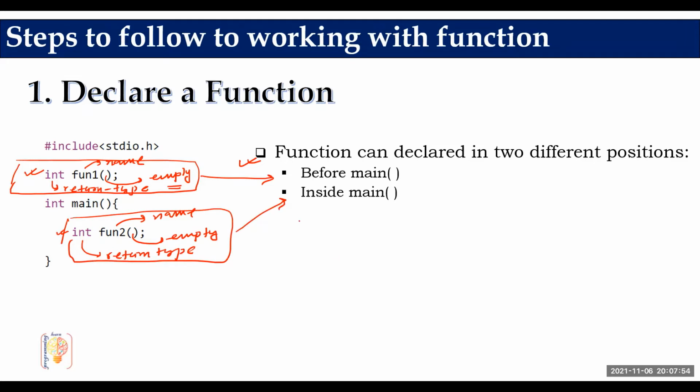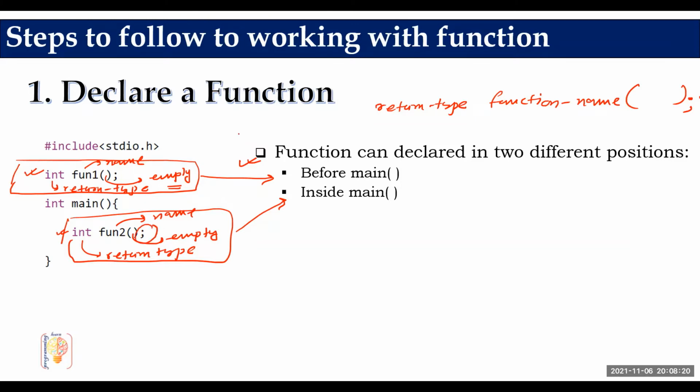What is the process? Just follow the syntax. What will be the syntax? Return type, function name, and if you have any parameters, you can pass the parameters and put a semicolon. This semicolon is important.